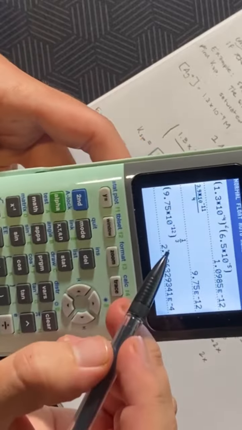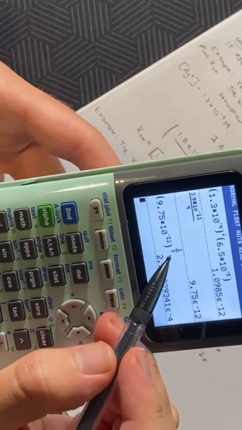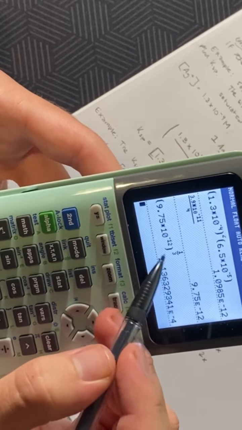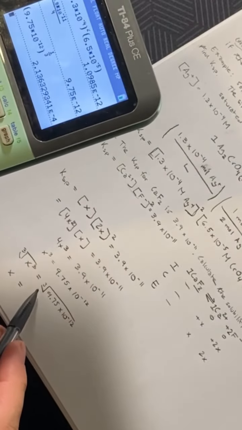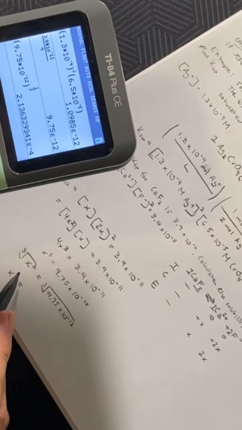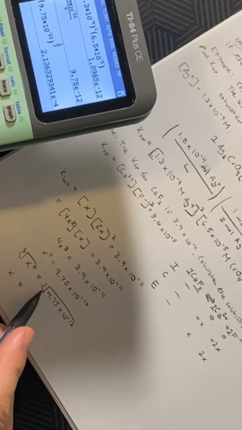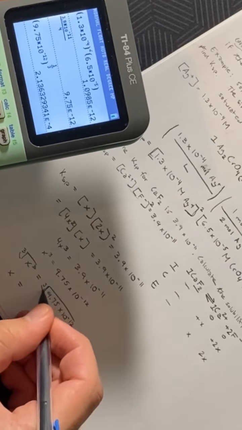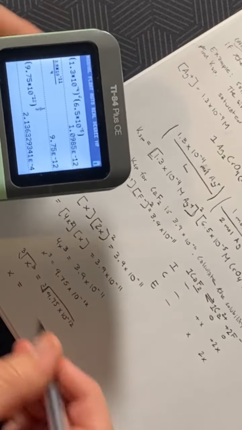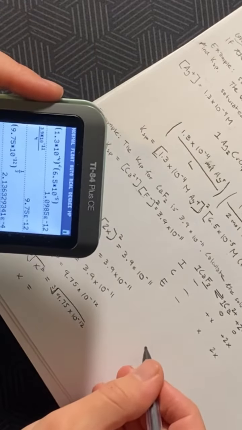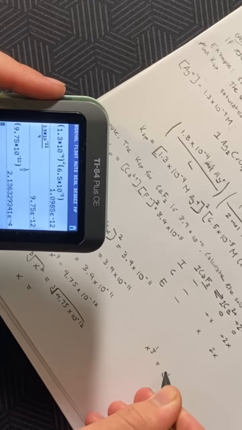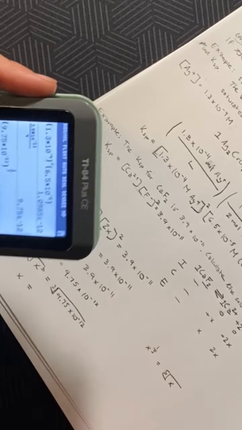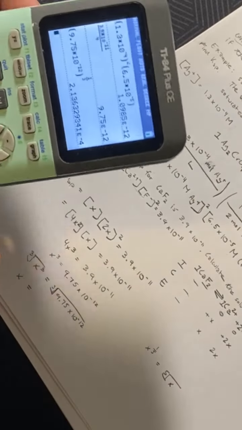Remember, when you're doing radicals, having an exponent that is a fraction is equal to taking the nth root of that factor. Like if we have something to the power of 1 over 5, that's the same as taking the 5th root of that something. Just a little side note.